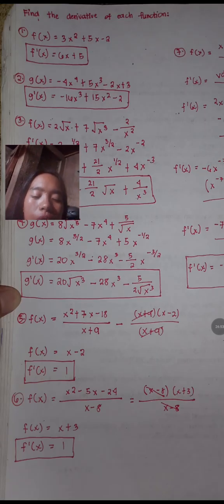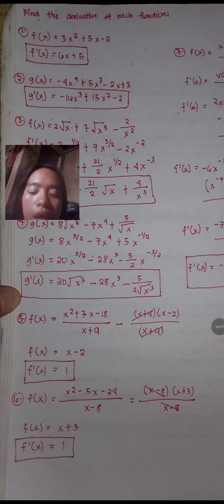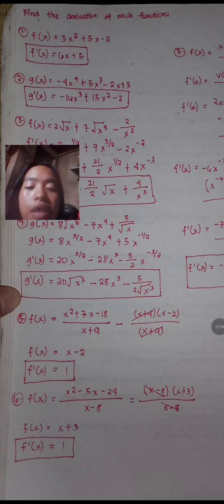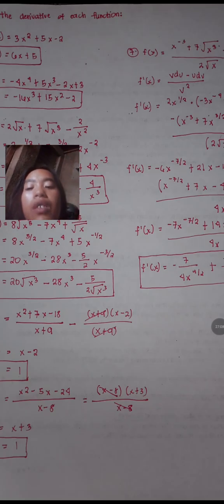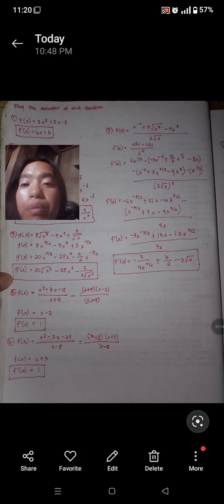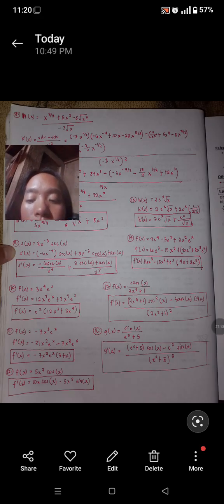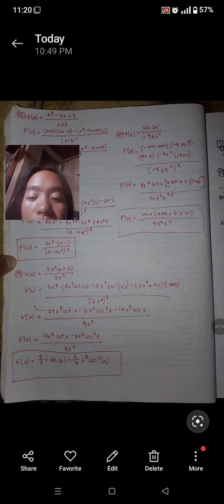So we can see a common x minus 8, we can cancel that out, so our function would become f of x is equal to x plus 3. So the derivative of x plus 3 is now 1, so that is the answer. Yeah, so it's all quite the same as the others. So let's find another problem that is not the same.